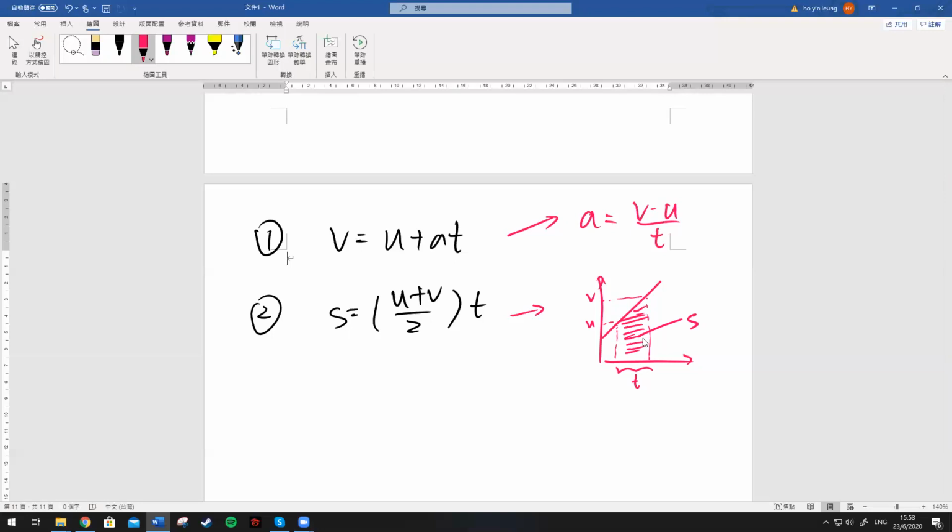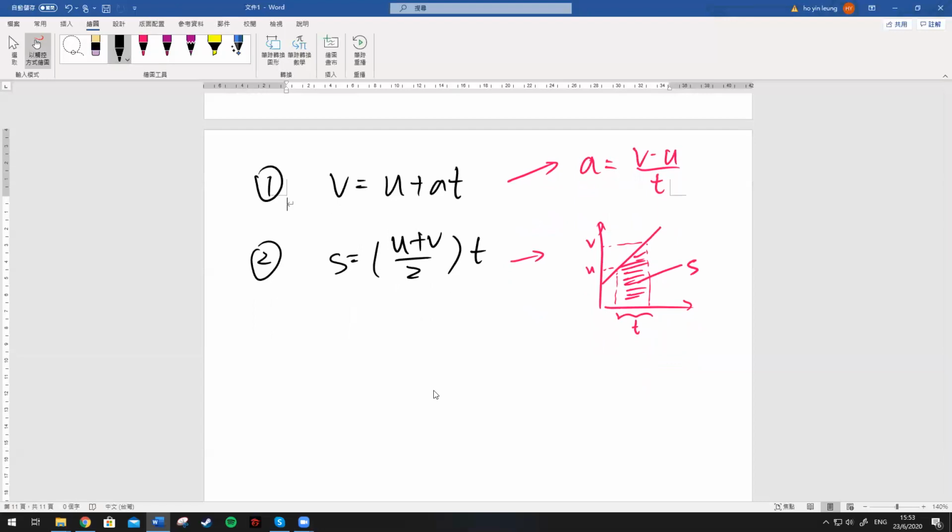All right. And then the third equation is V squared equals U squared plus 2aS. This one you can try to derive. It comes from the equations above: 1 and 2 imply 3.